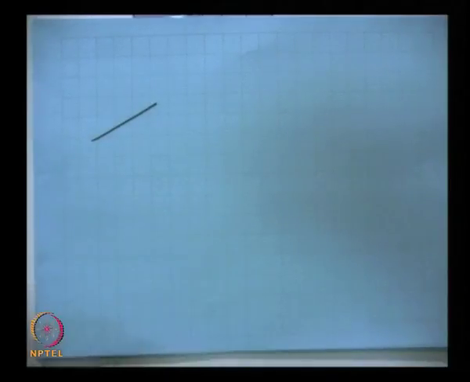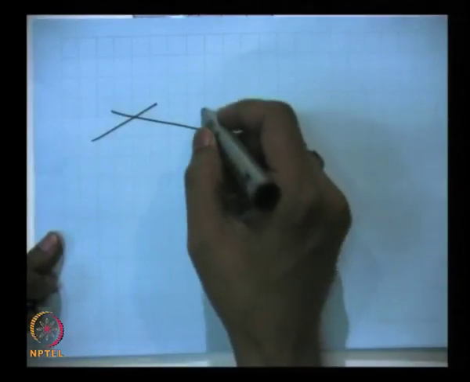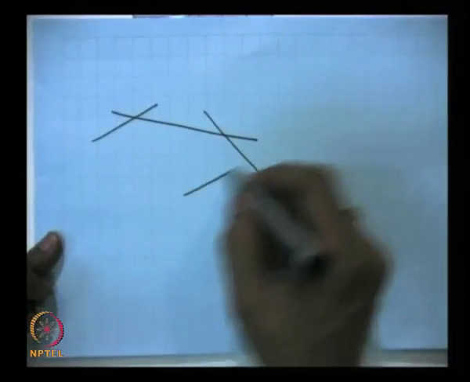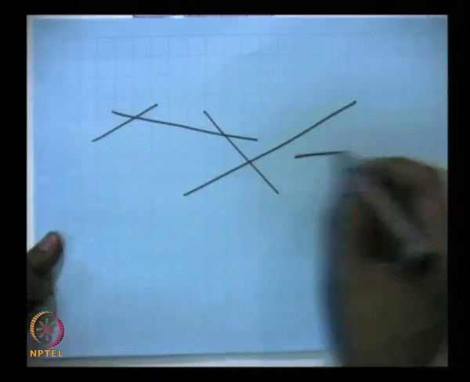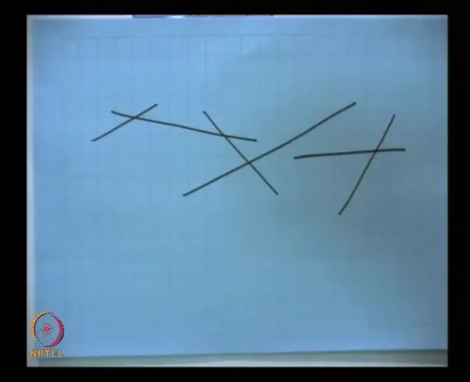At least pretend they are the same. So, we have something like this, this, this, something like that.